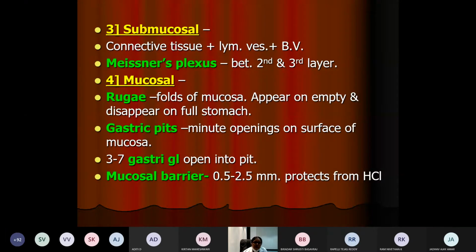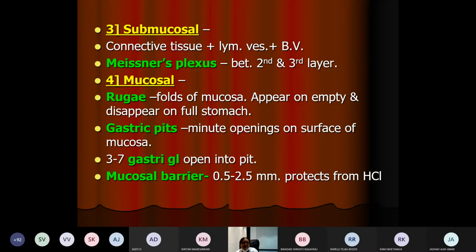Then mucosa. Mucosa has got rugae. Rugae are folds of mucosa that appear on empty stomach and disappear on full stomach.